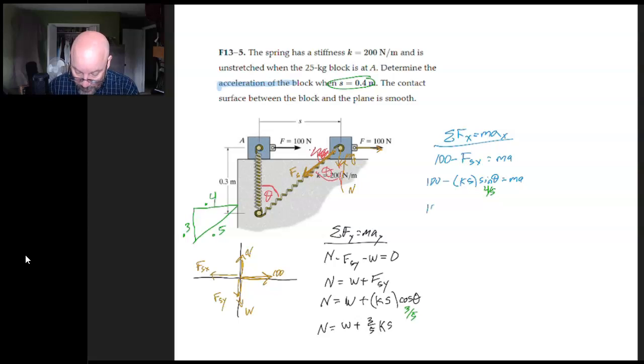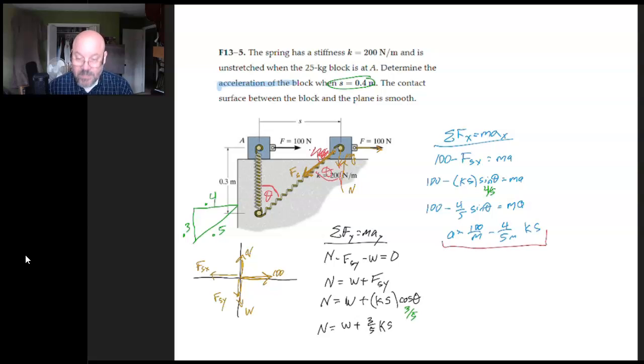So we can go 100 minus 4/5 KS sine theta is equal to MA. Solving for A, 100 over M minus 4 over 5M KS.